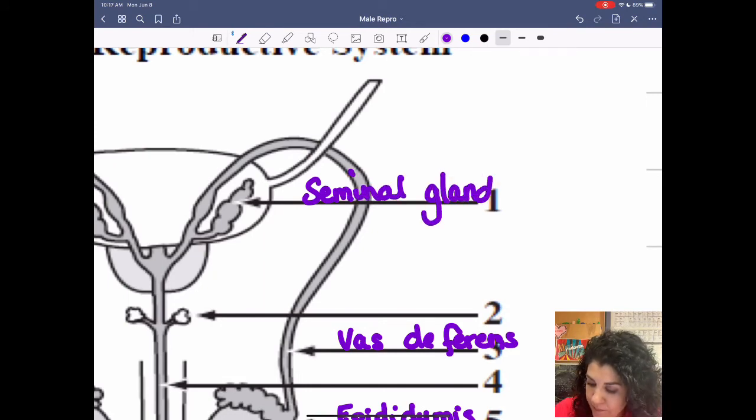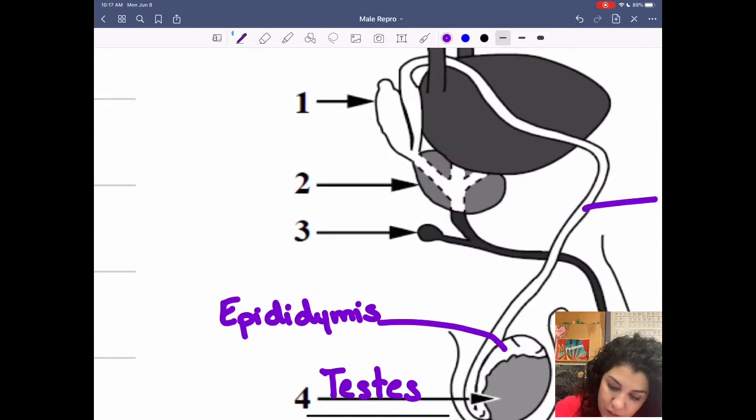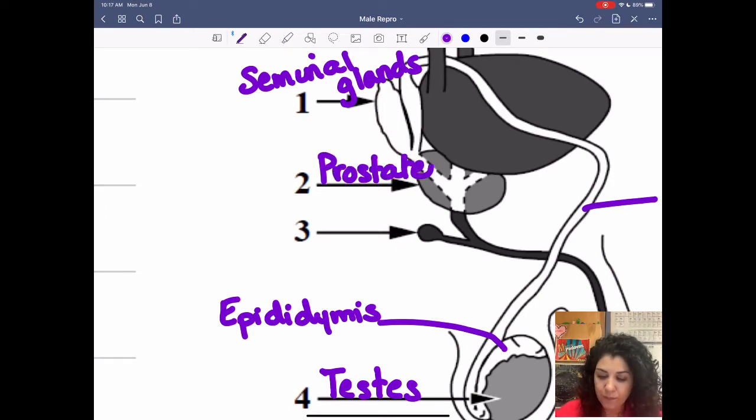We have at number 1 here the seminal glands. We also have number 2, which is the prostate. And then we have number 3, which is Cowper's gland.